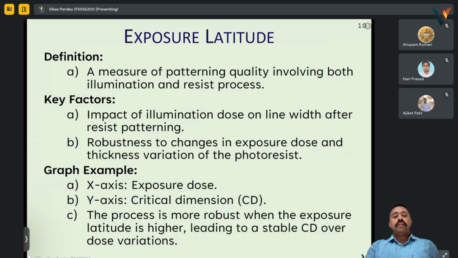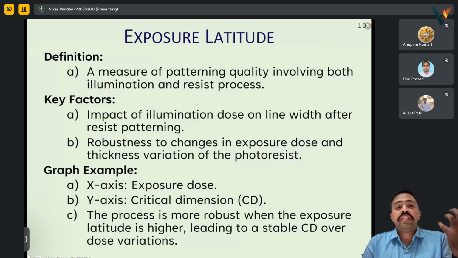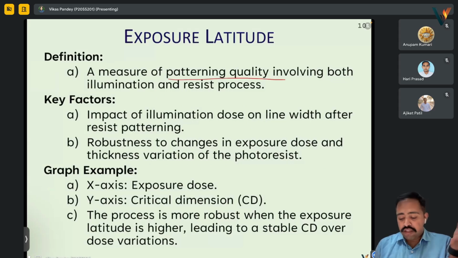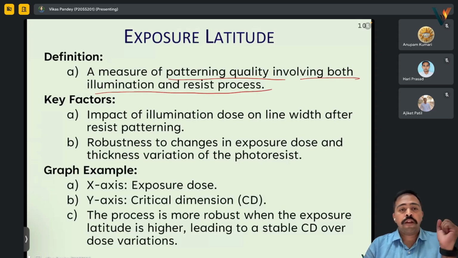Then there is something called exposure latitude. This is the measure of patterning quality involving both illumination and the resist process. We have discussed dose. What are the key factors that define this exposure latitude?